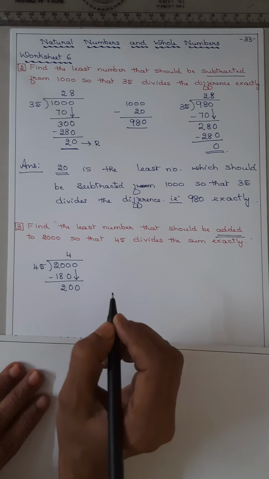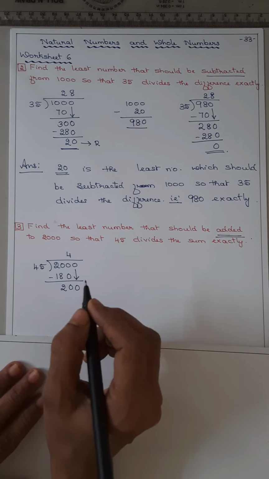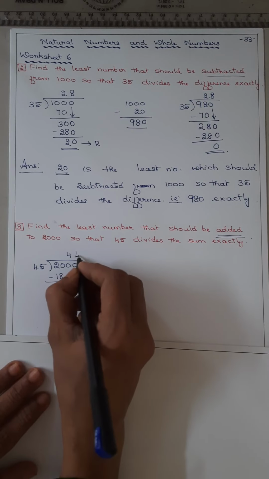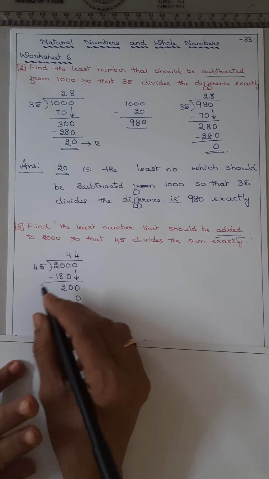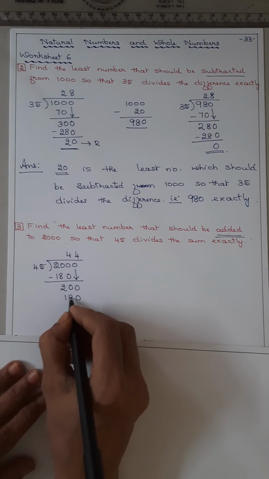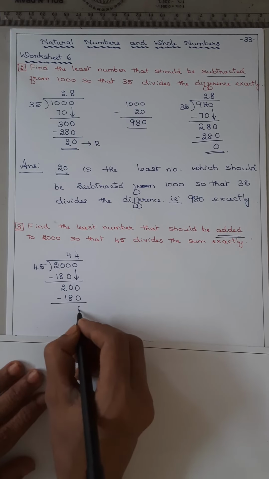Bring 0 down. Now again it will be 4. 4 5s are 20, 4 4s are 16, 17, 18.